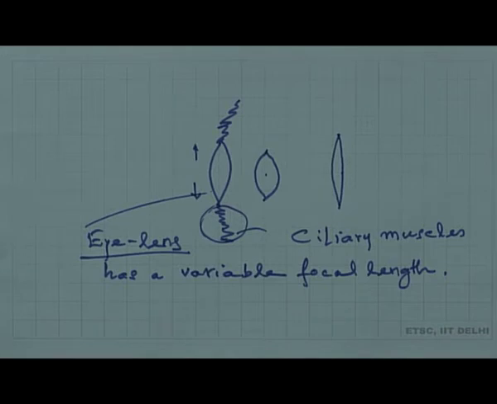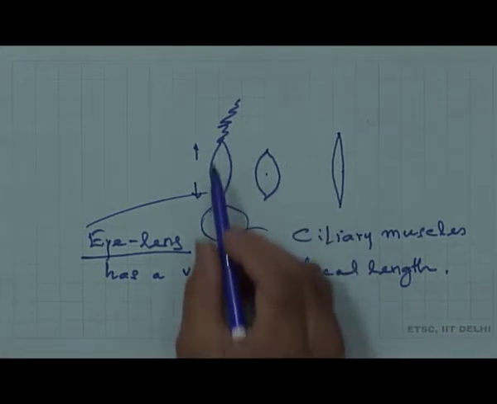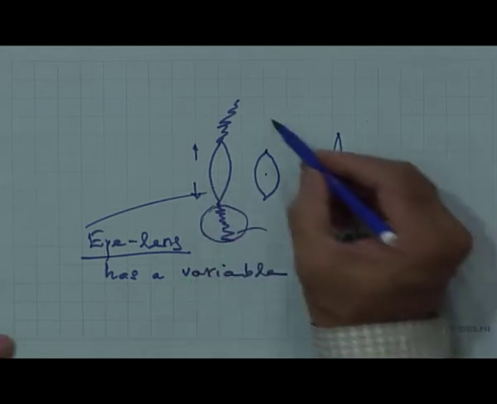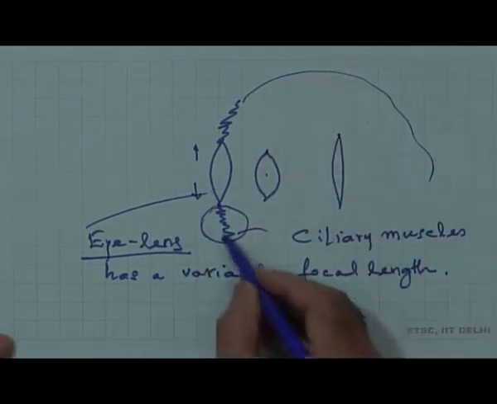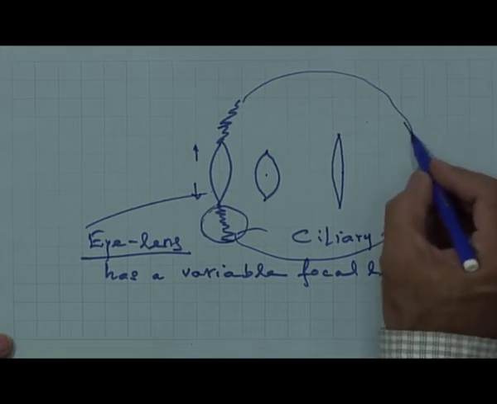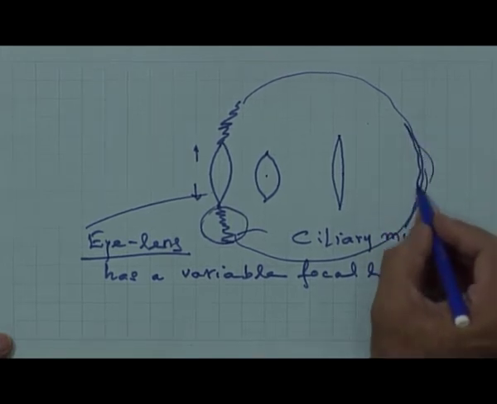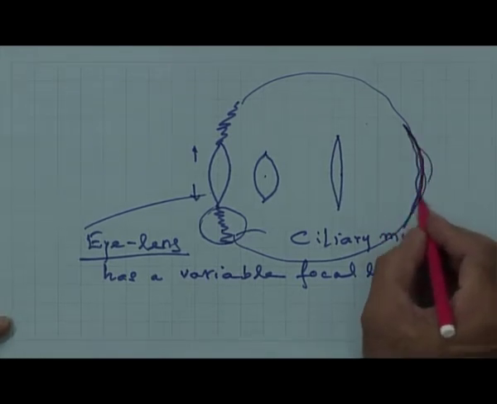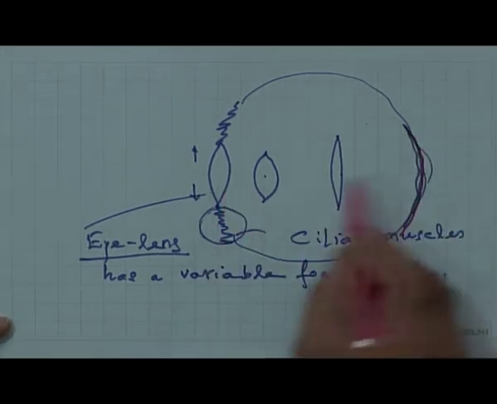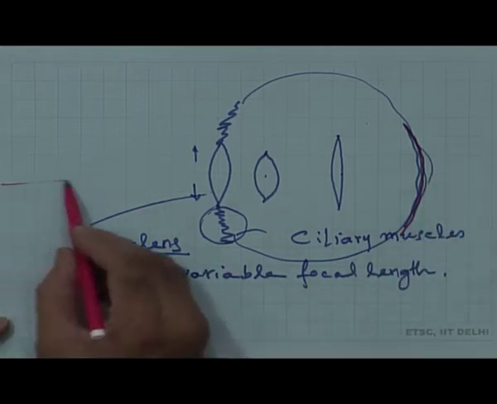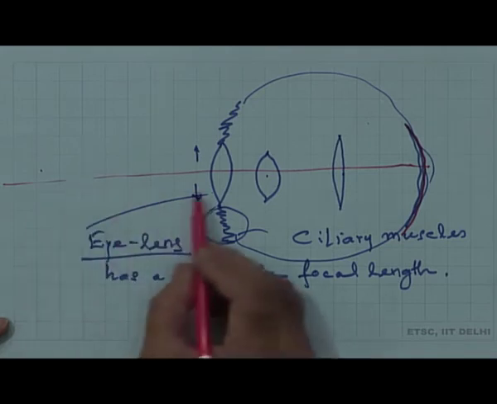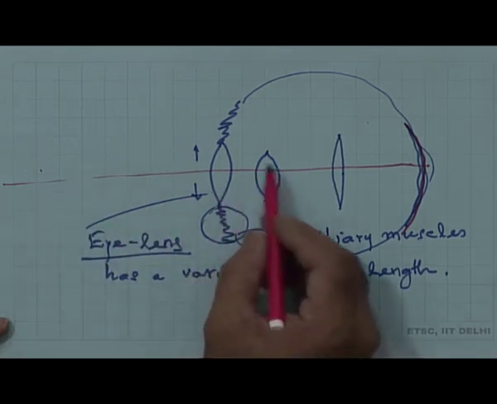Now, this variation in the focal length is so that the image is always formed. Please see, if I continue this here like this, there is the retina here at the back, and the image is formed on this retina. Because this distance is fixed, depending on where the object is, the focal length of the lens has to be adjusted.